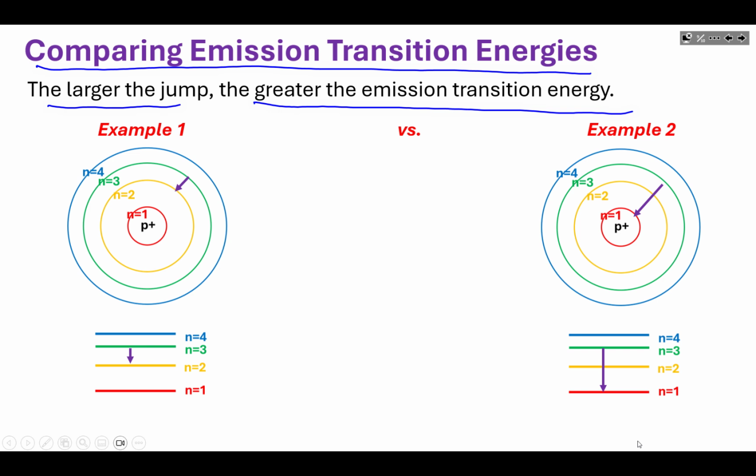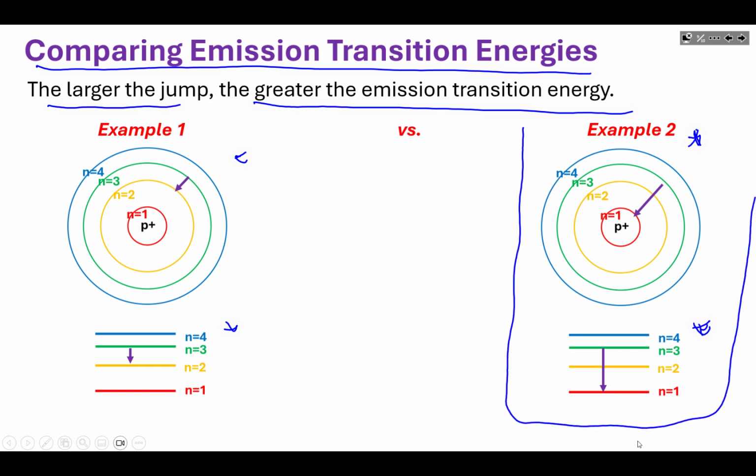In the first example, we were going from 3 to 2, depicted both here and here. In the second example, we were going from 3 to 1, depicted here and here. So which one is going to get rid of that energy by a photon, the larger amount of energy? And the answer is this one. The larger the jump, the more energy is given off.